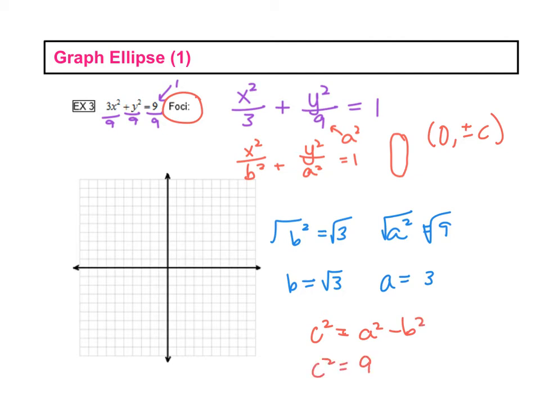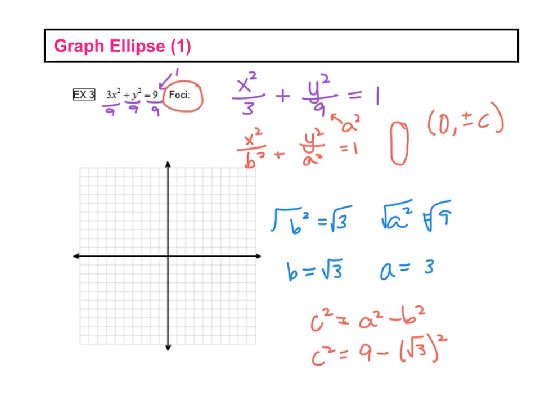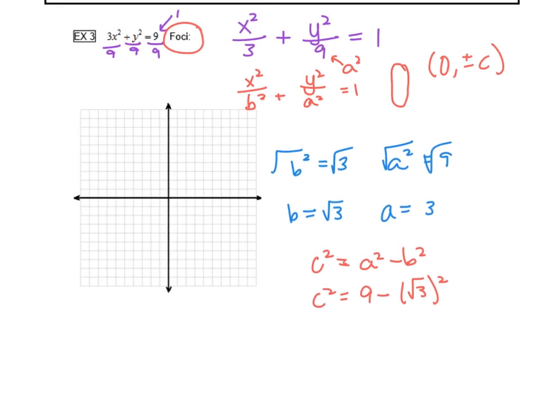A squared is 9 minus b squared. So do you remember when we would square root? If you square a square root, it just cancels out. So that is actually just a 3. The square root of 3 squared is 3. So c squared equals 6. Square root both sides. C is equal to the square root of 6.